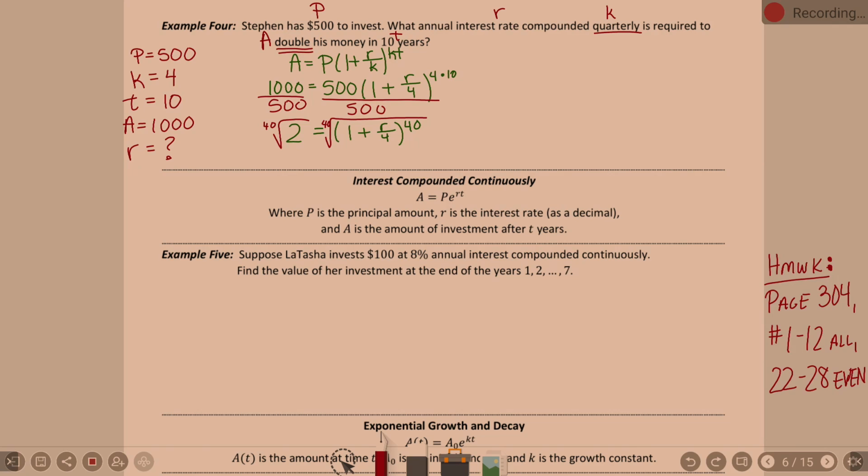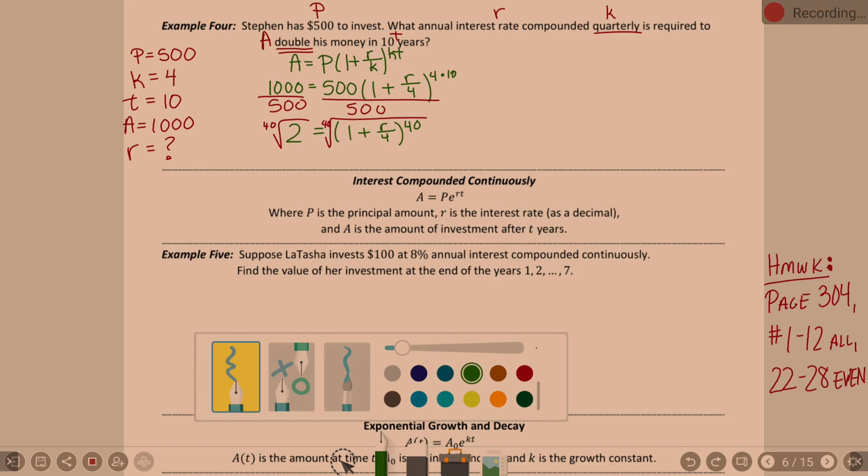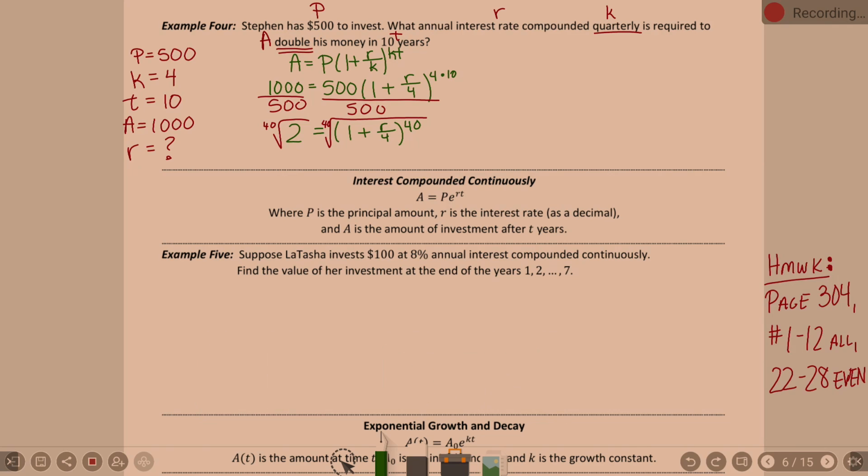Okay, the 40th root of 2, for the moment, I'm going to leave as the 40th root of 2. On the right, when I take the 40th root of that 40th power, I'm left with 1 plus r over 4. Finish solving for r with me. Subtract the 1 over.